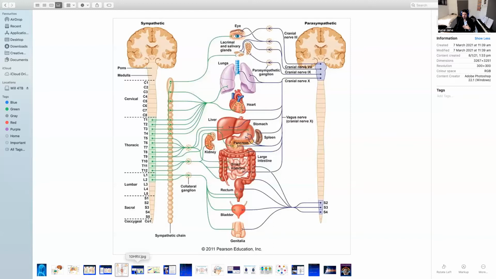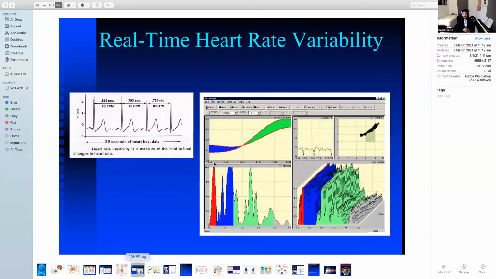Now we move on to a different perspective of the nervous system. So this is looking at it physiologically, in how the whole system is connected. And now what we're going to do is look at it on a computer screen. So heart rate variability is the technology that allows us to visualize the energy flow of our nervous system.